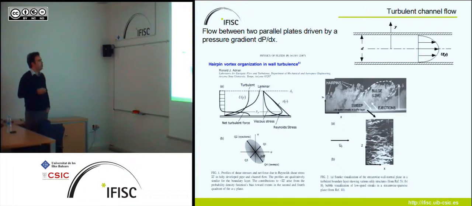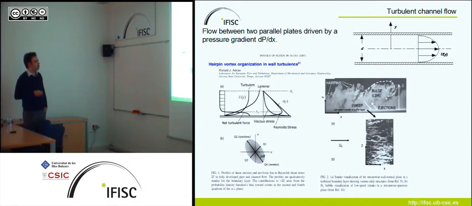But the effect of the turbulence, as you can see here, is that the net turbulence force acts to accelerate the flow near the wall and to delay the flow off the wall, so that the turbulent velocity profile has this shape. This is due to the fact that if you look at the velocity perturbations in the streamwise and the wall normal direction, the PDF will have this shape.